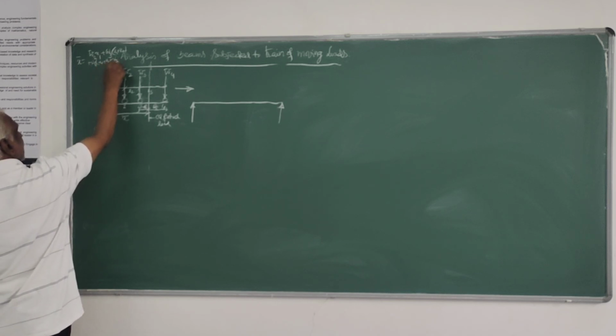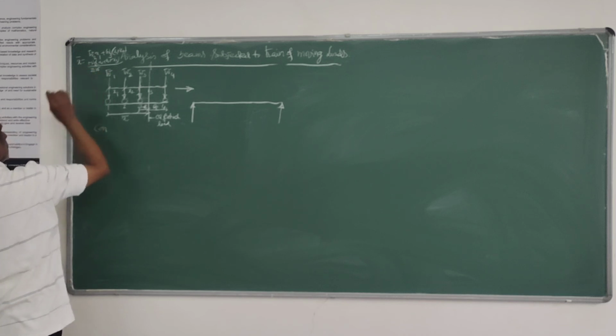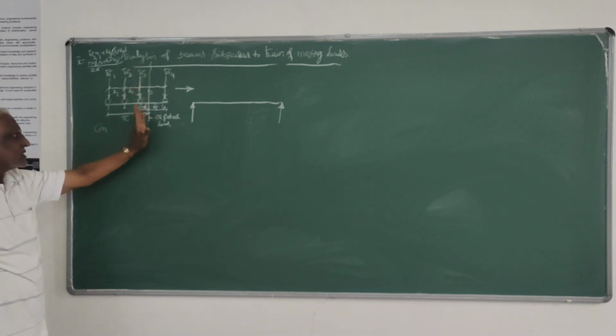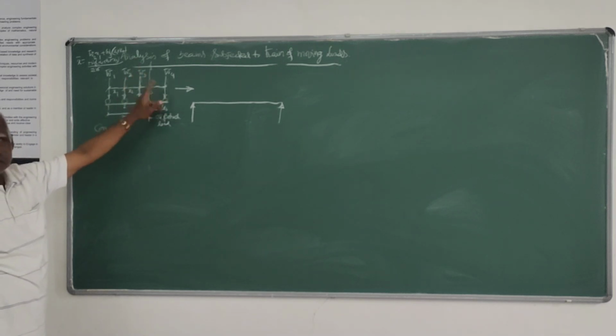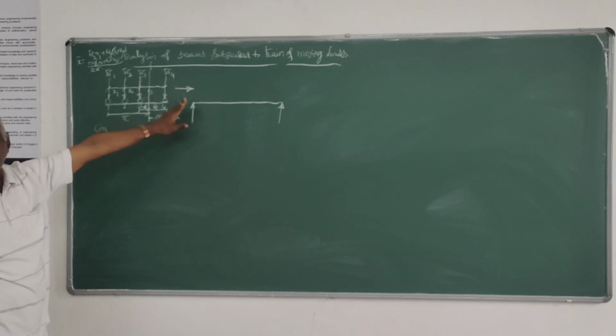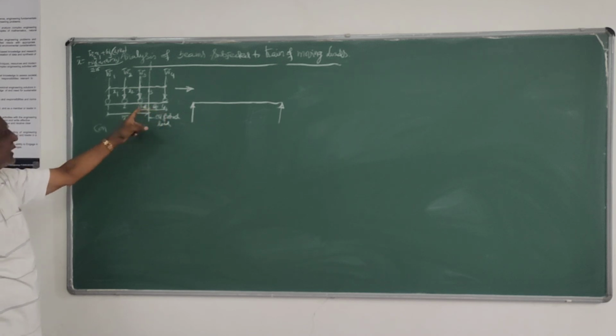This entire sum you can divide by the sigma W, that is W1 plus W2 plus W3 plus W4. That will give you the value of x bar. That you have to locate, and then from that CG, the two nearest wheel loads, W3 and W4, one on left side, other on right side. That load distance also you have to determine.